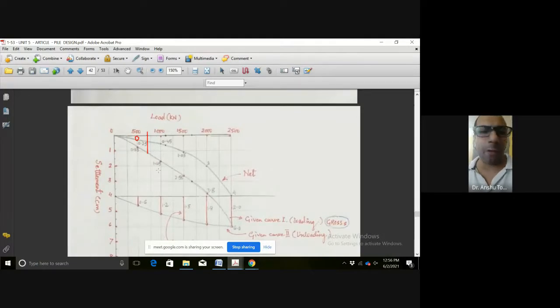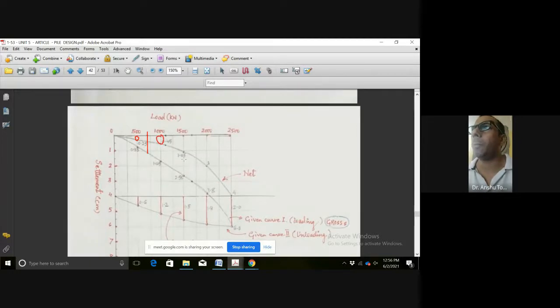Similarly, if you are going to subtract 1.65 minus 1.2, so you will be getting 0.45. So corresponding to 1000 kilonewton, this is 0.45.